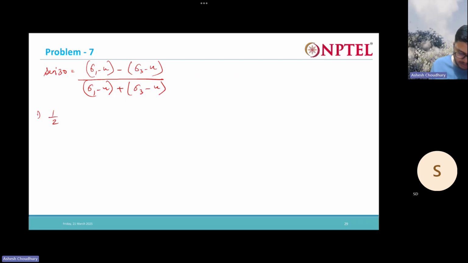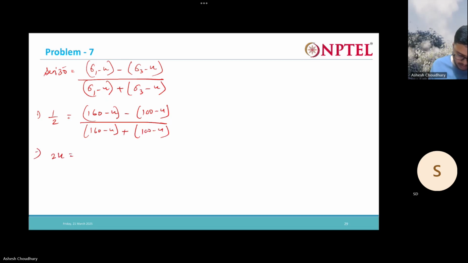Sine 30 is half. The effective friction angle is given in the question. So my u comes as 70.